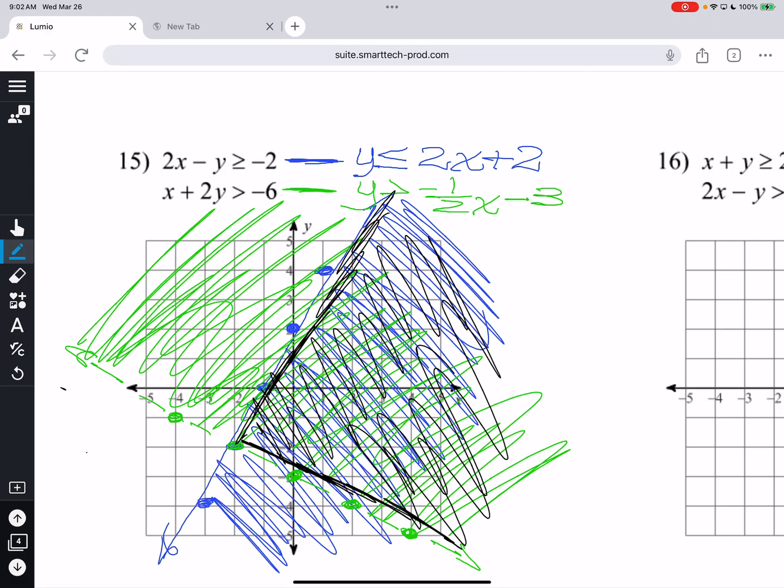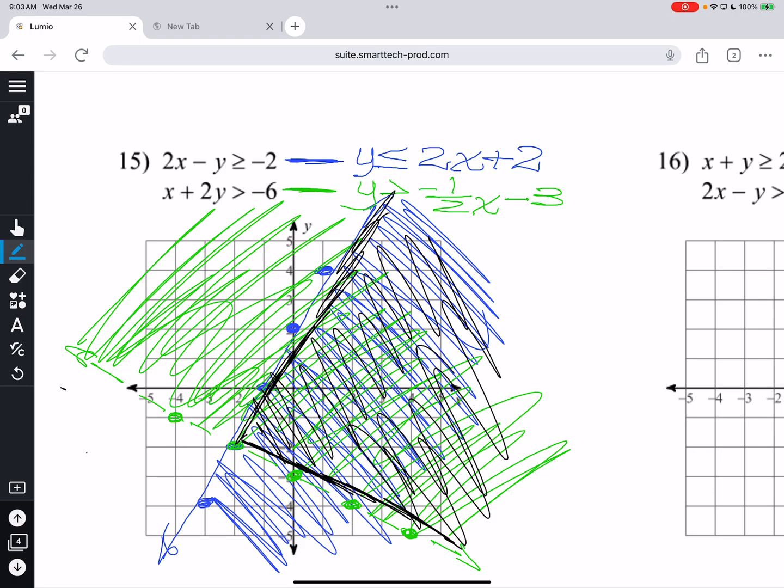Infinitely many solutions would be the exact same line, with the exact same y-intercept and slope. Parallel will be the same slope but different y-intercepts. If you end up with that, that doesn't automatically mean no solution. Look to see how they graph.